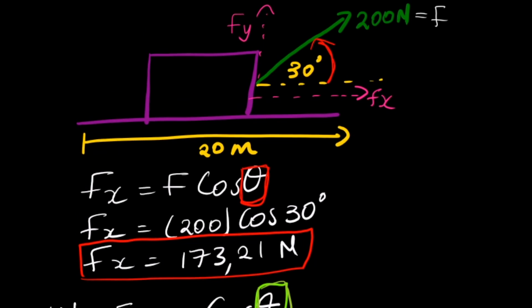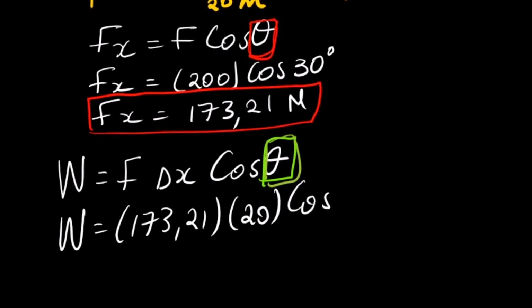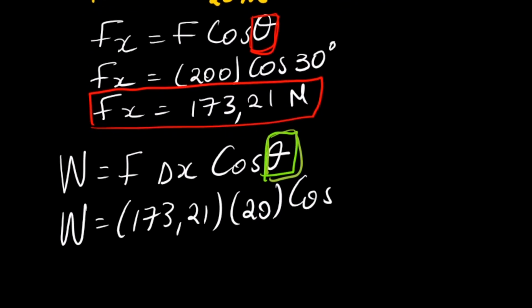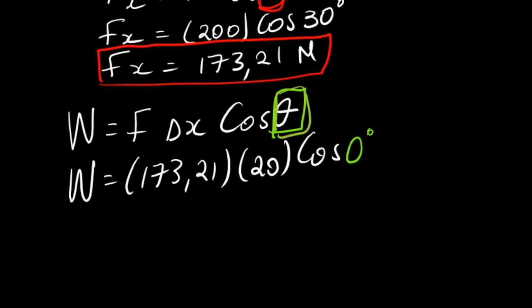Since we managed to resolve this force into a component, what is the angle between the displacement and the resolved component? It's 0. That is the angle that we are going to use here. So we have 0 degrees. Now what is our work? It's 3464,10 joules.